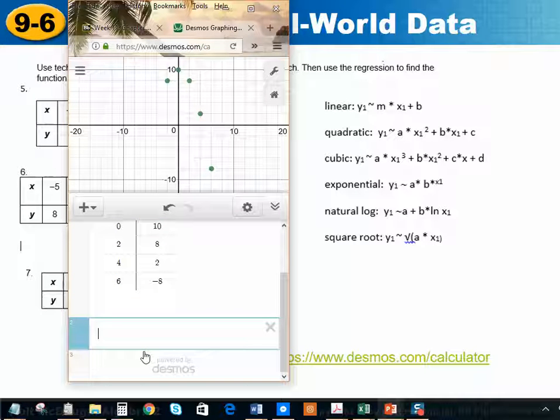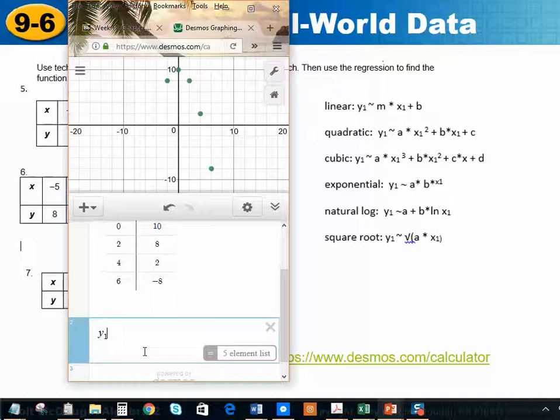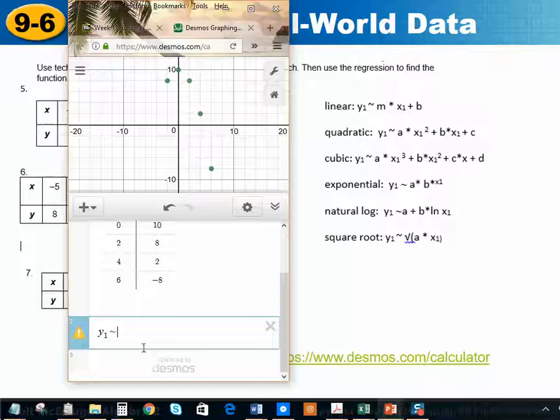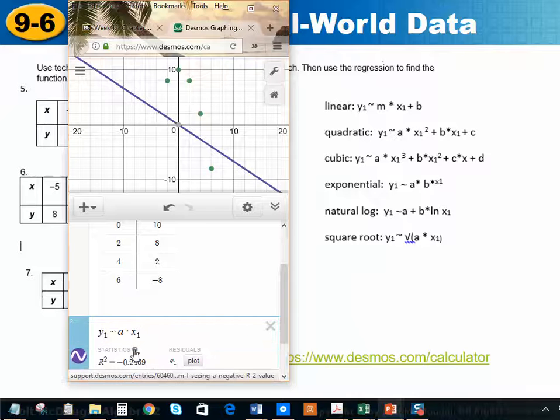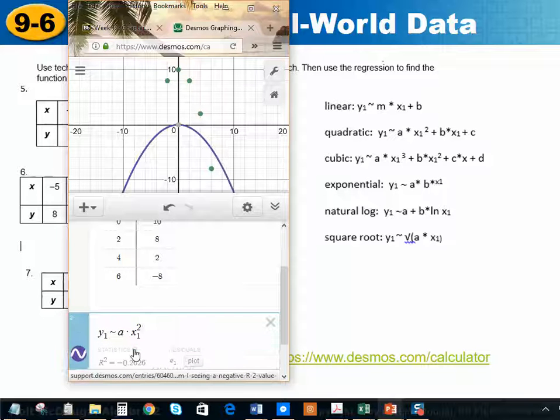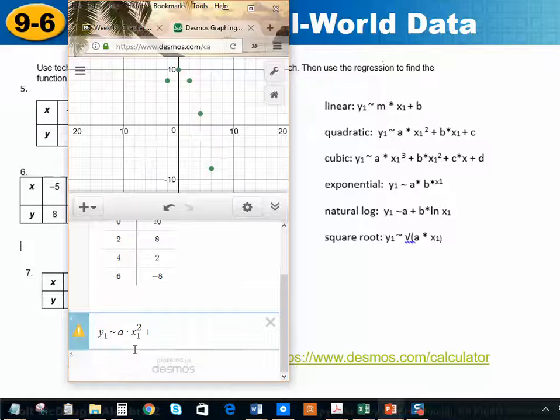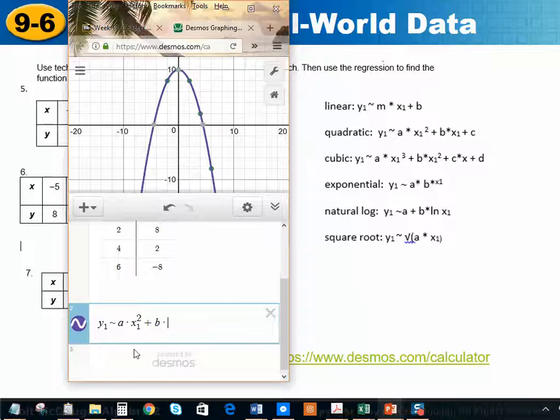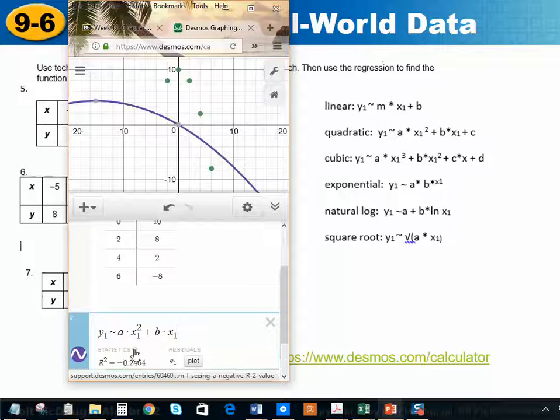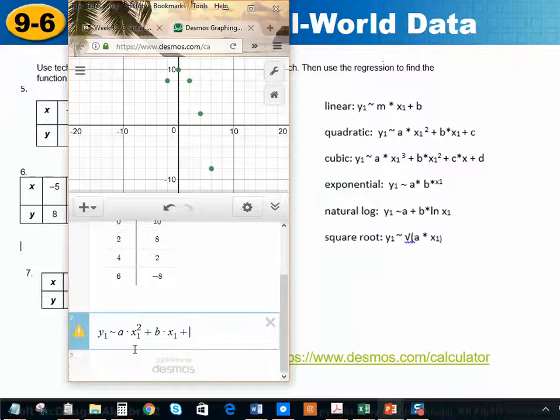Okay, so I'm going to type in the y1, and you can just type a 1 after it, and then you type that little squiggle key, which on my keyboard is way at the top left corner, and then I need a times x1 squared. Okay, and then I need plus b times x1, and then plus c.